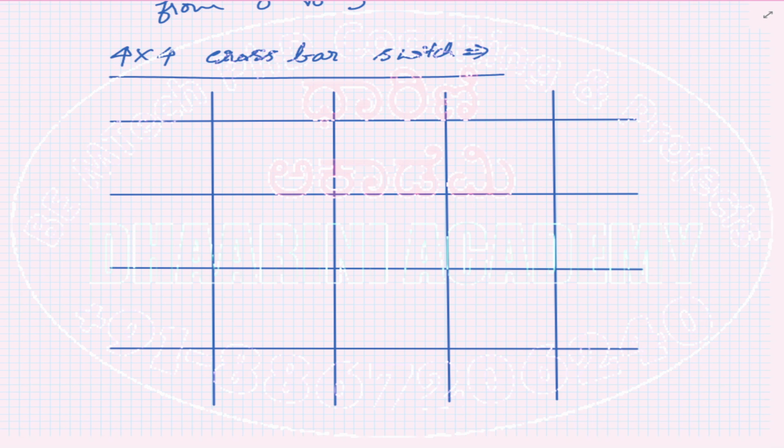Let me draw a transistor with a different color so that it becomes easier for us to understand that there is a transistor.